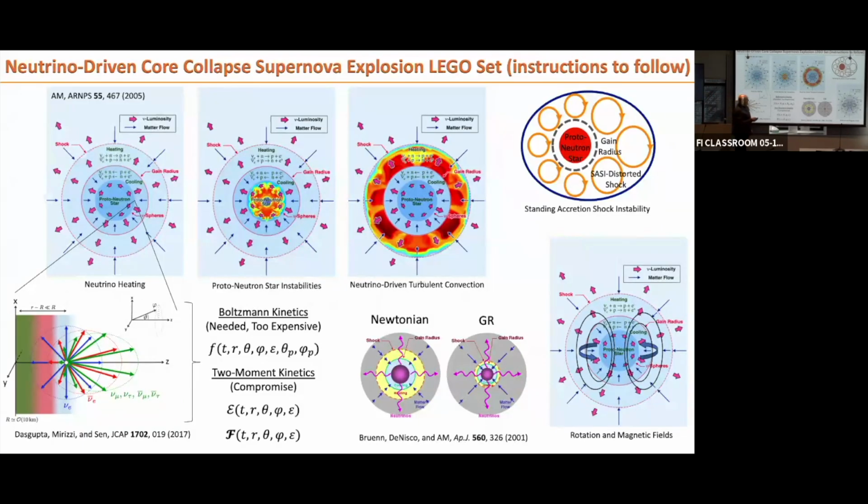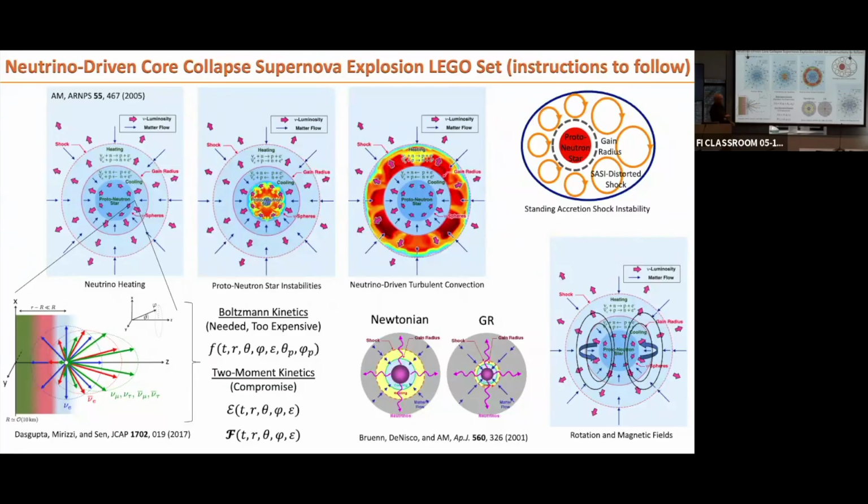In 2003, we discovered that the shock wave is unstable to non-spherical perturbations. If you take the supernova shock wave and perturb it spherically, it will basically settle back down to its initial state. But if you poke at it and distort it away from spherical, those asphericities will grow.